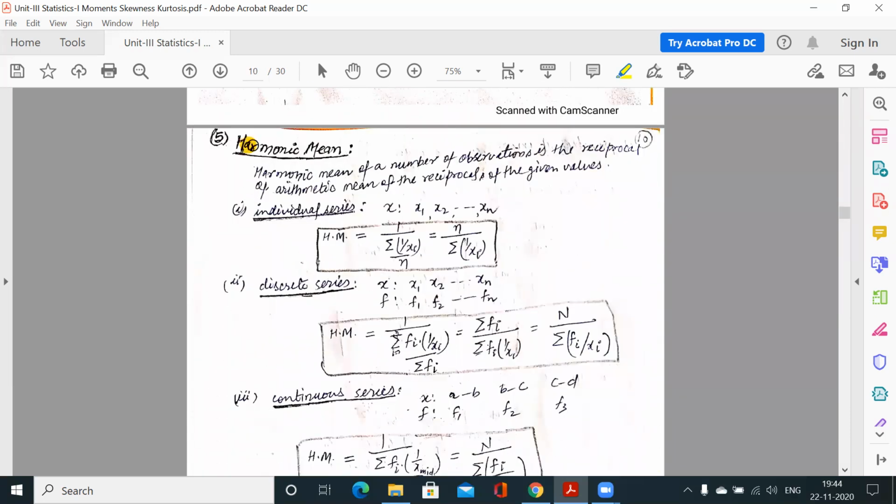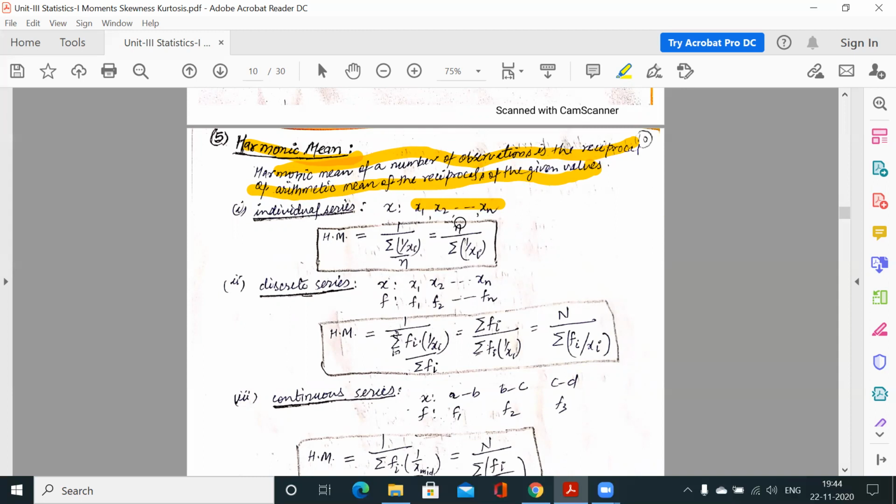Now the harmonic mean. So how to calculate the harmonic mean? Harmonic mean of a number of observations is the reciprocal of the arithmetic mean of the reciprocals. Suppose these are x values, individual series. First we will calculate the arithmetic mean of the reciprocals of these values: 1 by x1, 1 by x2, 1 by xn.